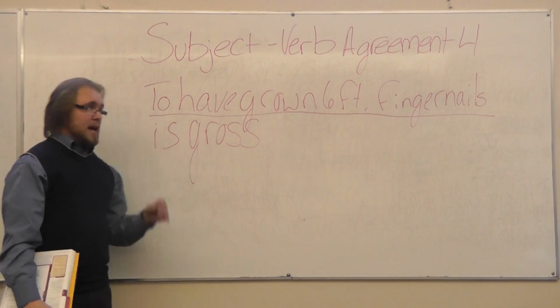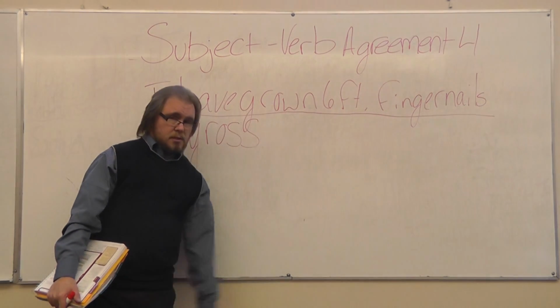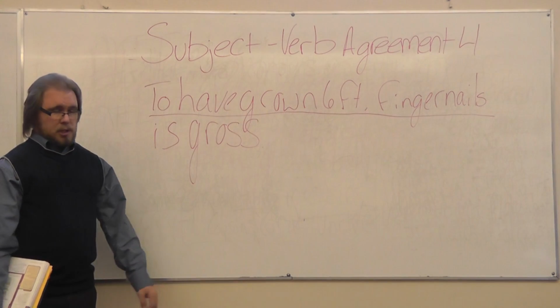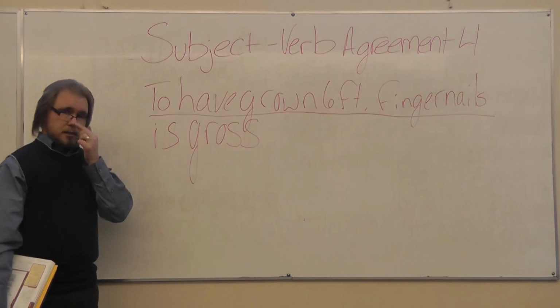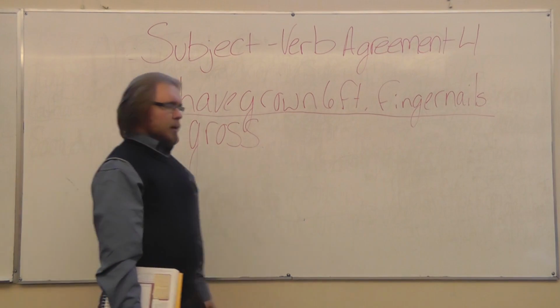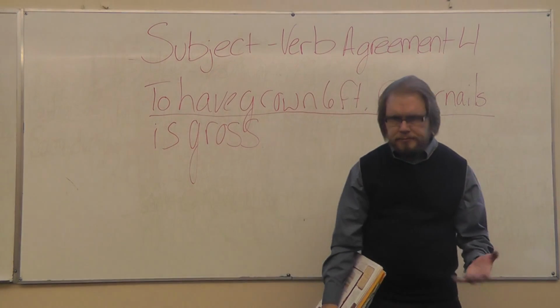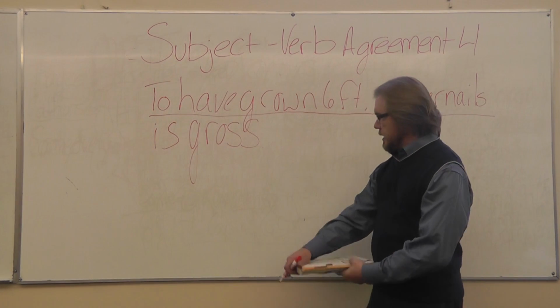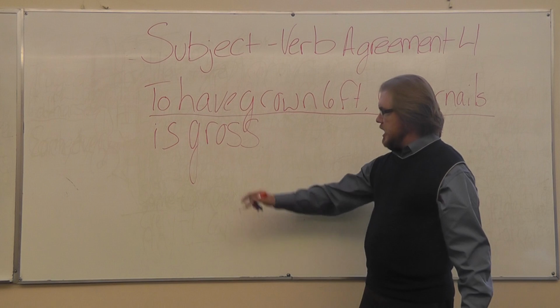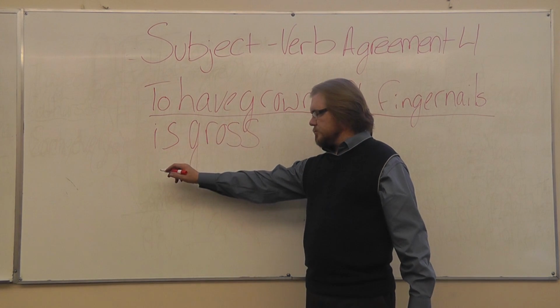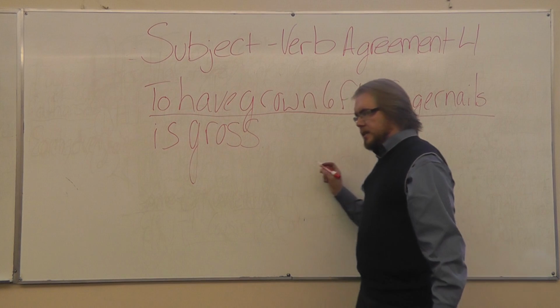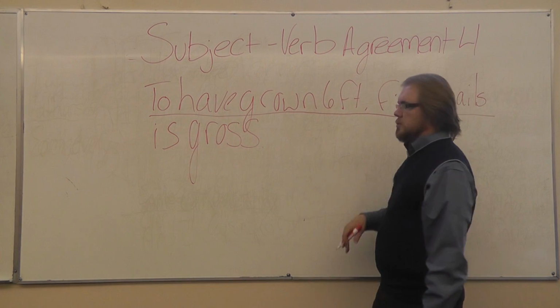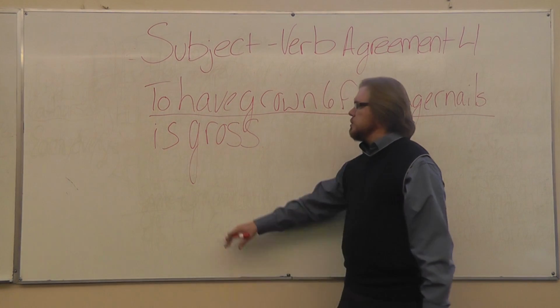So, whenever you have a group of words, a phrase or clause, the verb is going to be singular. Okay? Now, we could put a clause up there, and it's not going to look any different. It might say, he who is going to do this must eat pancakes first.